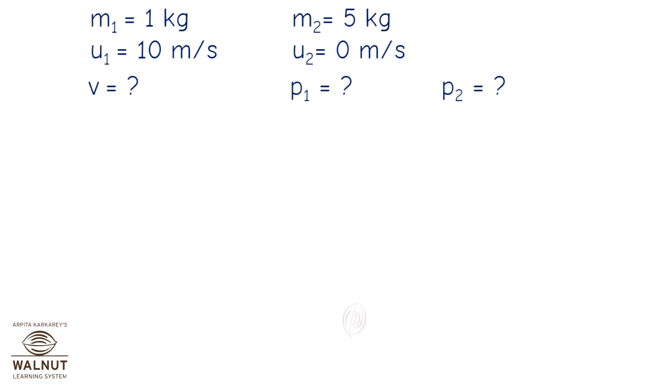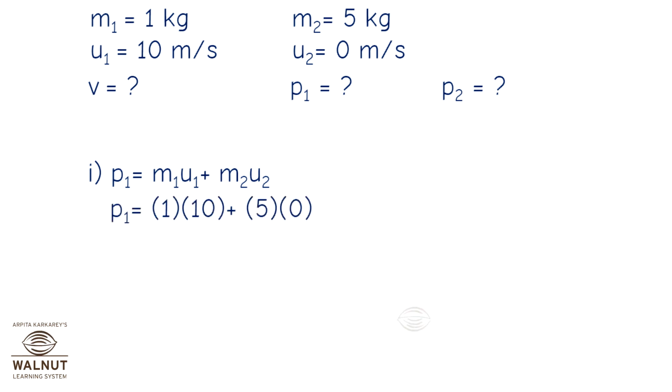m1 is equal to 1 kg. m2 is equal to 5 kg. u1 is equal to 10 meters per second. u2 is equal to 0 meters per second. We have to find v, P1 and P2. Check units and solve. 1. P1 is equal to m1 u1 plus m2 u2. Therefore, P1 is equal to 1 into 10 plus 5 into 0.